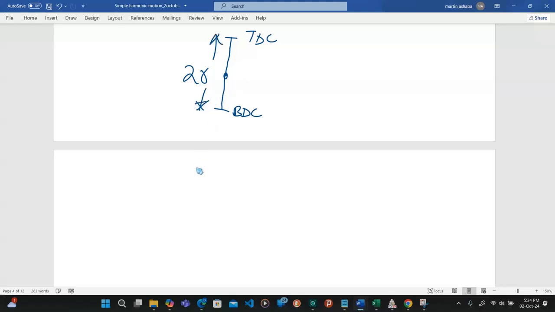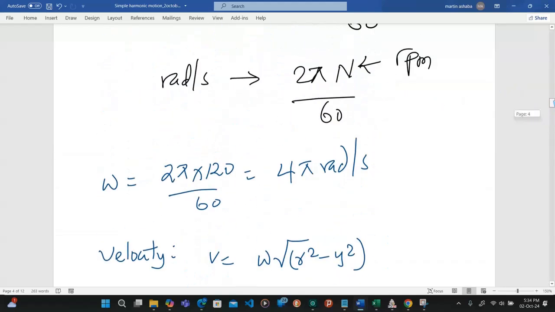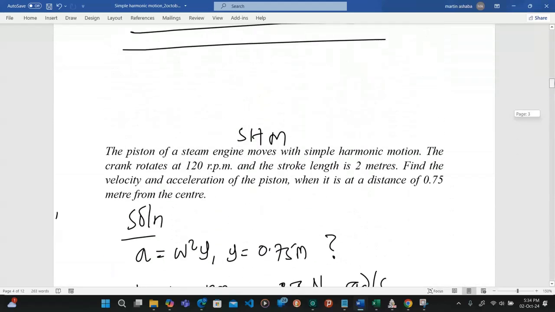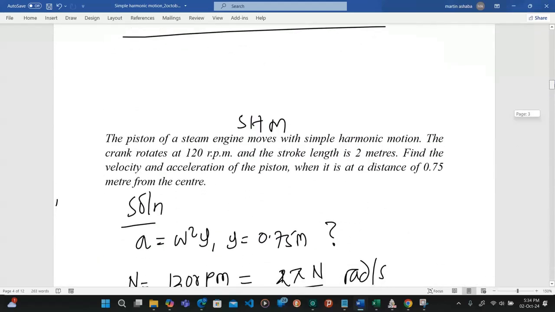The length of this stroke is going to be 2r, because this piston is vibrating to and fro between the top dead center and the bottom dead center. So 2r is equal to 2, and therefore r is equal to 1 meter, because we are told that the stroke length is 2 meters.